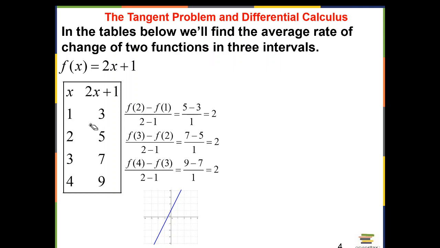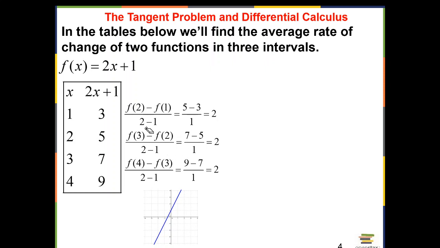In algebra, in order to find the rate, we have to have 2 points, of course. And then you learn in algebra that's y2 minus y1, right? And the y2 here actually is the function value at 1, the function value at 2. So you subtract them and then divide by the difference of the x values. And we get 2. And the same is true here and here.